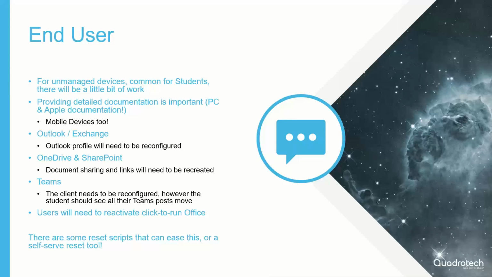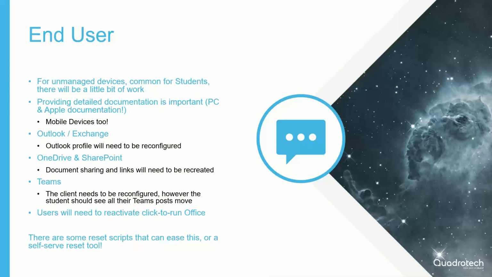Those links don't get recreated, because the identity behind the users that were shared behind that link is different, because it's in a new tenant. So the document sharing links will need to be recreated. That's one of your very key points that you need to put into communication out to your end users.